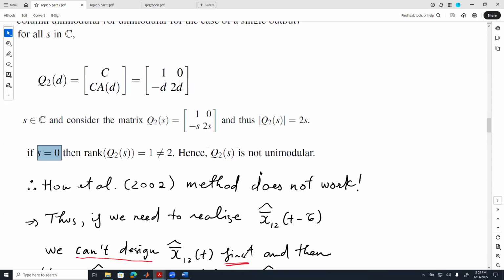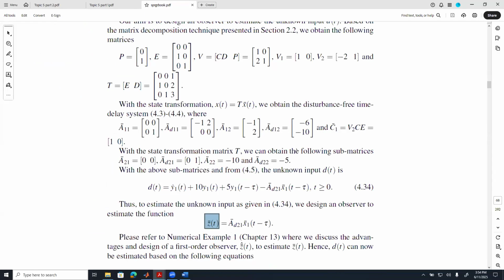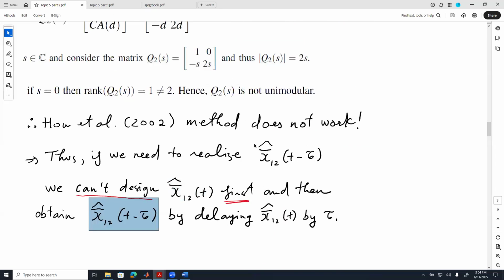So if we need to realize this unmeasurable variable first, and then delay it by tau to realize this estimation, in order to realize the asymptotic estimation of the unknown input, then we can't do it.